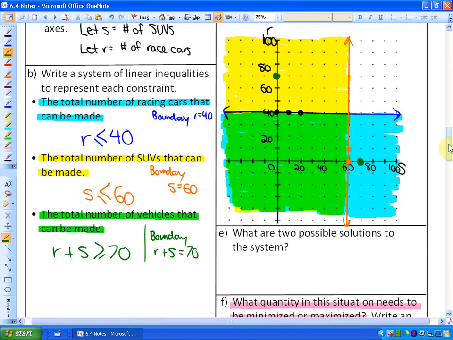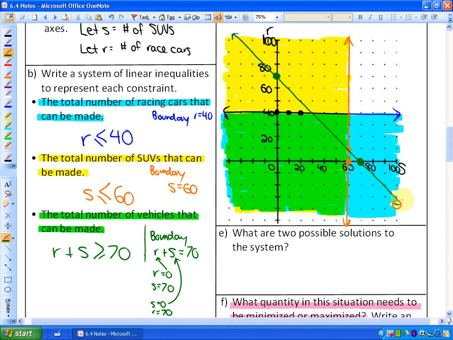Or, if you like to use the equation to get those exact same points, if you substitute r equals 0, you'll get s equals 70, which is this point right here that I just put. And if you substitute s equals 0, you'll get r equals 70, which is right here. So your boundary line is going to be the combinations where they're making exactly 70 cars in a day. So there's your boundary line.